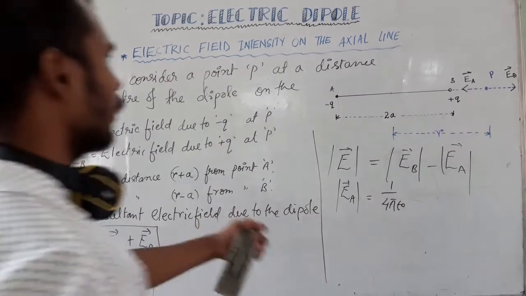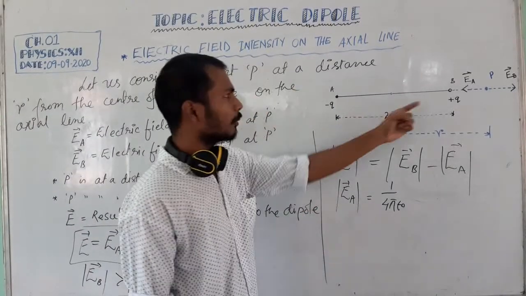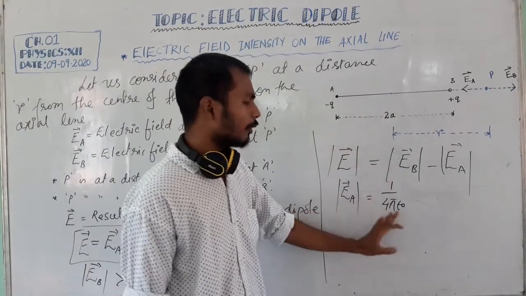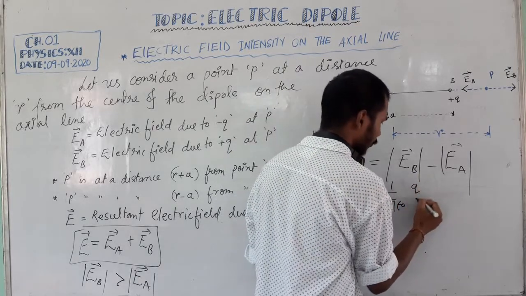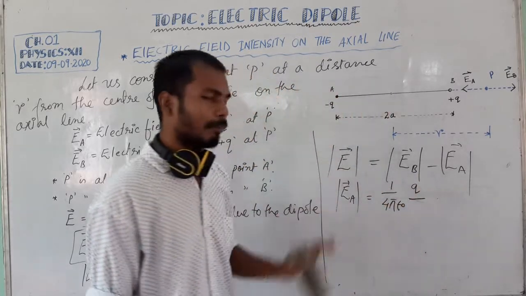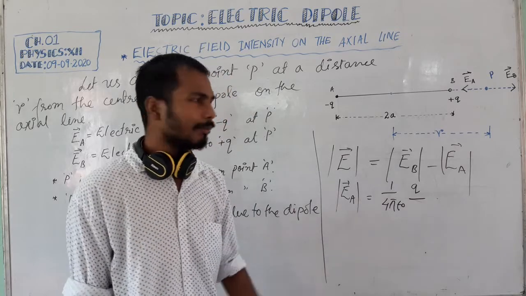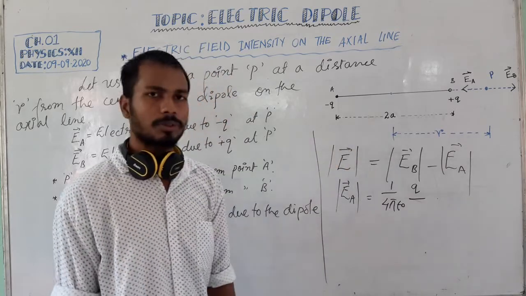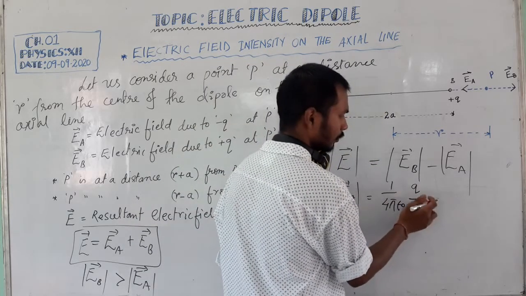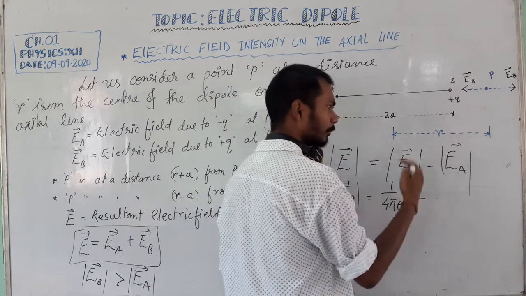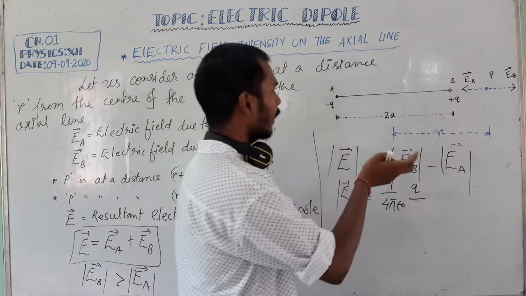Now what is the value of EA, the electric field due to A at point P? It is 1 by 4 pi epsilon naught times the charge. What is the charge? Q. We will not mention the minus sign because we are taking magnitude only. Minus is for negative charge and plus Q is for positive charge. Then Q by r square, where r is the distance between the point and the charge.